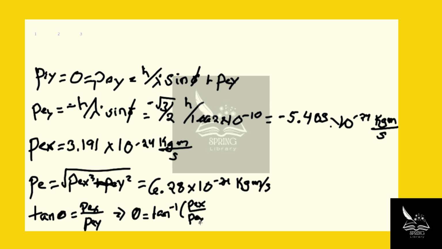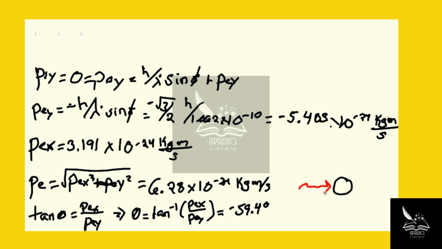And plugging in the numbers, we find that theta is negative 59.4 degrees. So that's our final answer, and we can go back to that initial diagram.